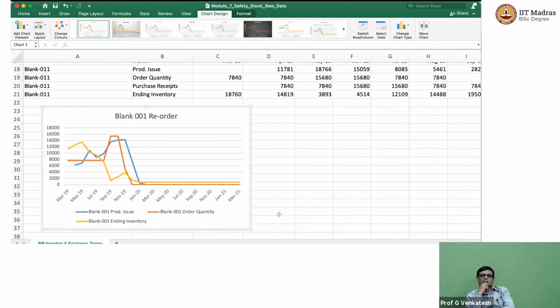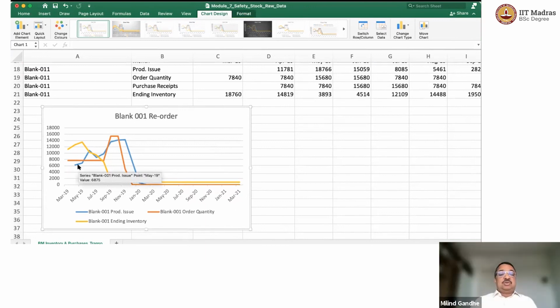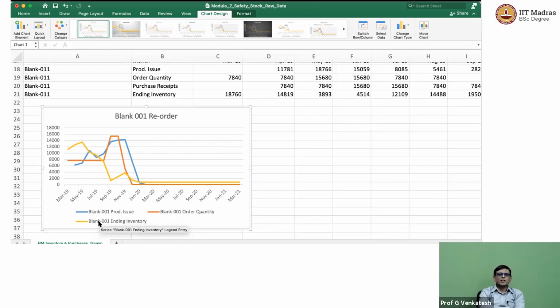Okay. How much are we issuing? We want to see the relation between them. Blue line is issue. Orange line is orders, and yellow line is ending inventory. So you can see that when the ending inventory went down, the order quantity went up.